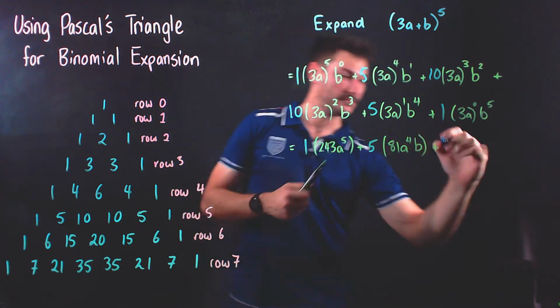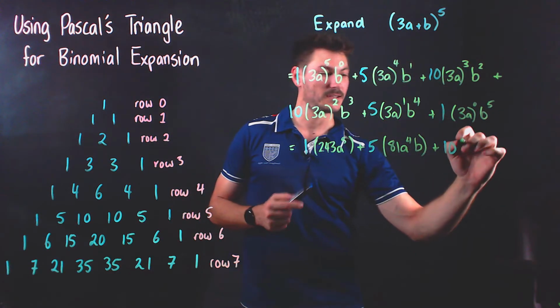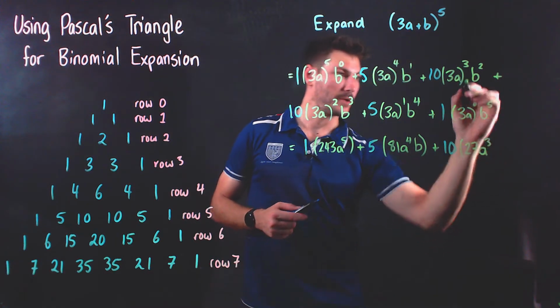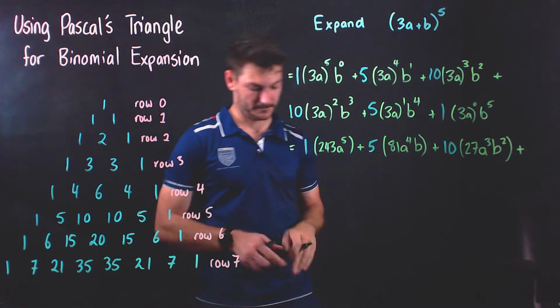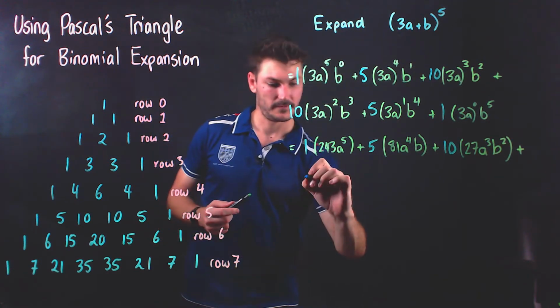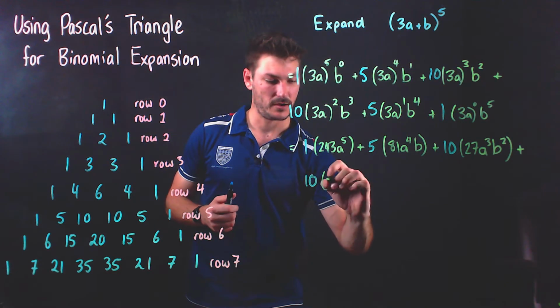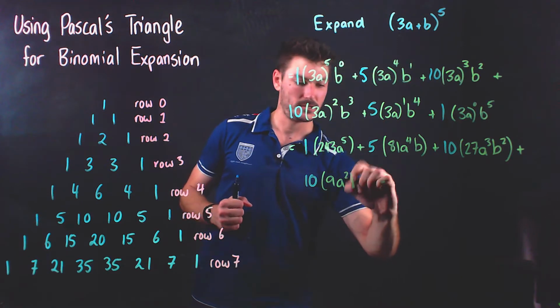Next one, which is this guy. We've got a 10 out the front. It stays. We've got 3 cubed, which is 27. We've got a cubed, and we have b squared. Plus, this one, we've got 10 out the front. We have 3 squared, which is 9, a squared, and b cubed.